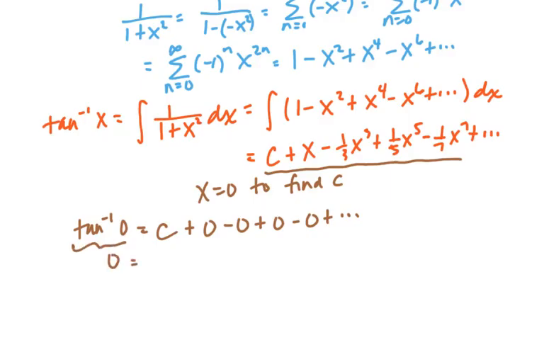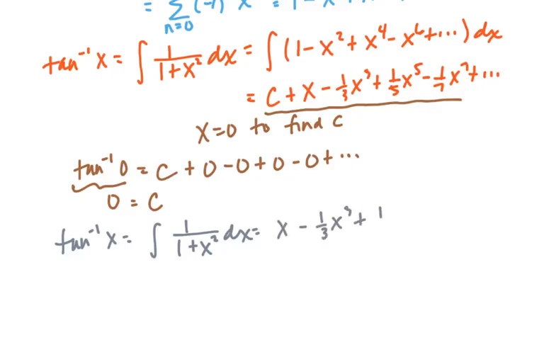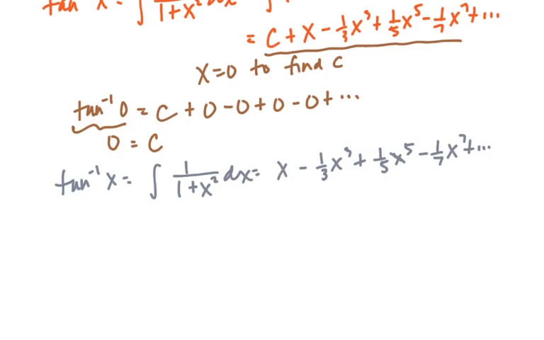So at 0 radians is where the tangent is 0, and that equals c. That means that we can write this problem as the inverse tangent of x equals the integration of 1 over 1 plus x squared dx, which is, our constant is 0, so we can leave that off. x minus 1/3 x to the 3rd plus 1/5 x to the 5th minus 1/7 x to the 7th, and so forth. So now let's write that as a power series.